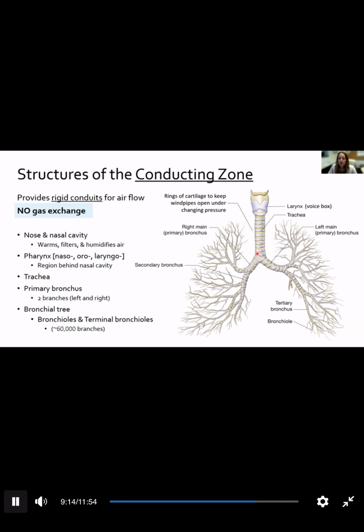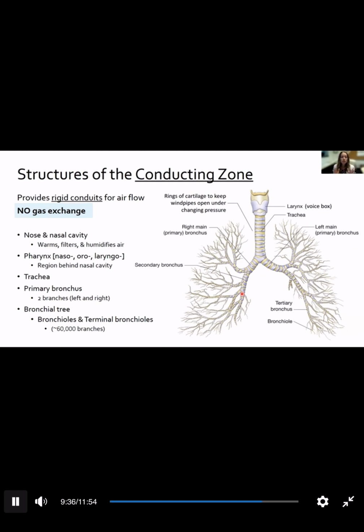So from the trachea, we branch out into the main bronchus or primary bronchus on the right and the left sides. Then we have what is collectively termed the bronchial tree. That would encompass pretty much all of these secondary, tertiary, quaternary branches that are down here, okay? And there are a lot of these.